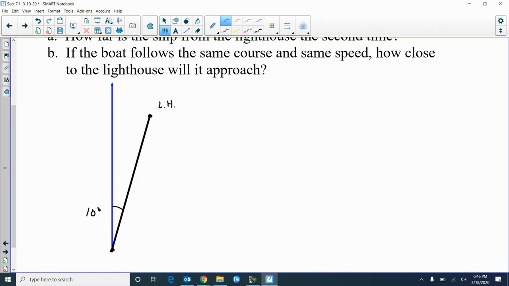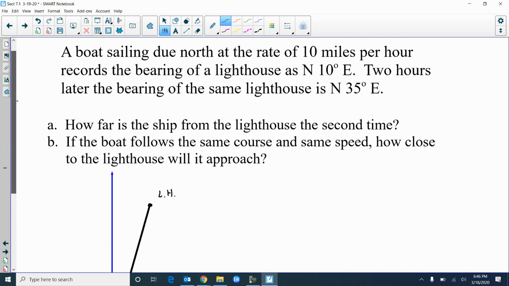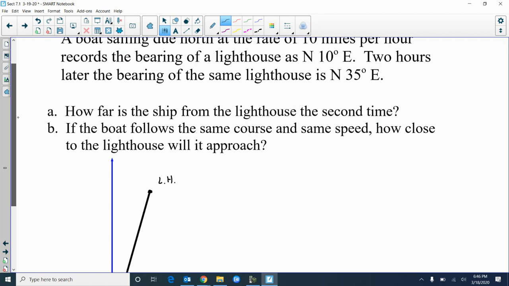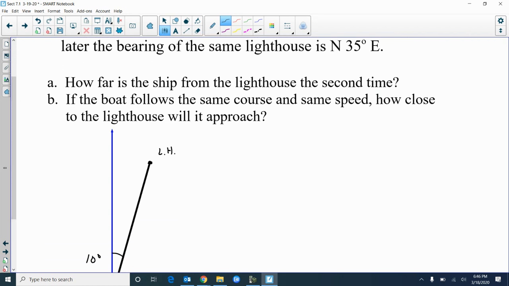All right, our boat travels for 2 hours at a rate of 10 miles per hour. So it's going to travel 20 miles. At that point, 2 hours later, the bearing of the same lighthouse is north 35 degrees east. So the question is, has the boat traveled, is it still below the lighthouse, or has it traveled past the lighthouse?